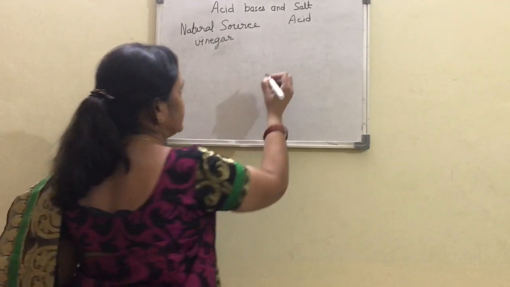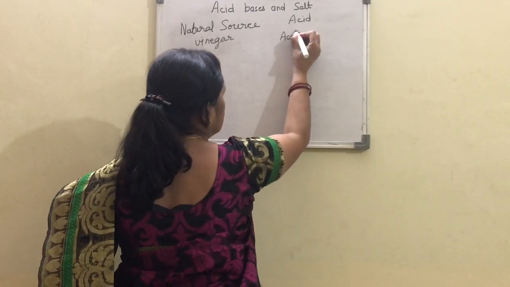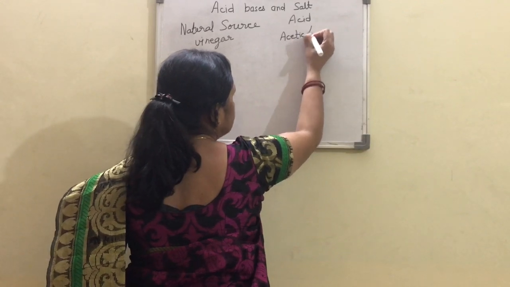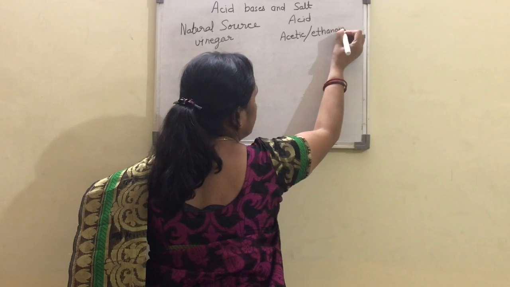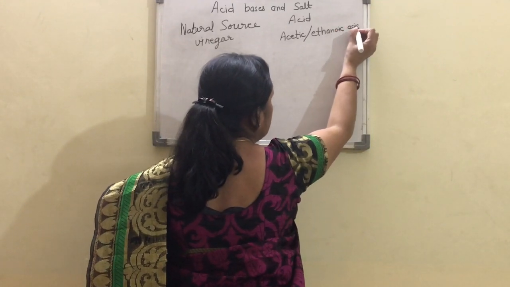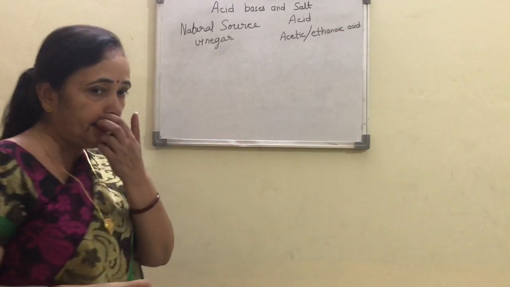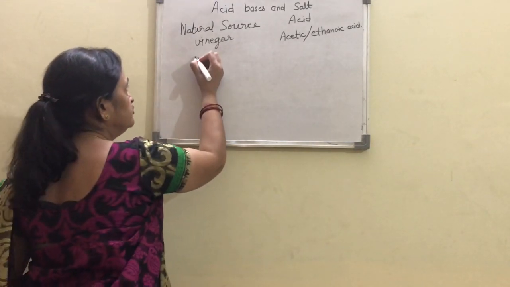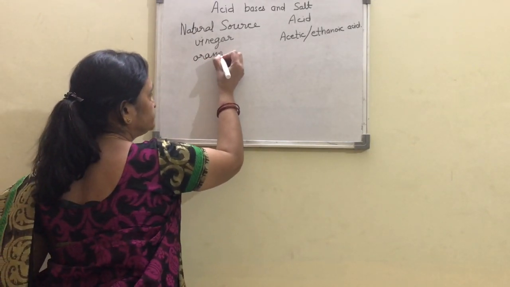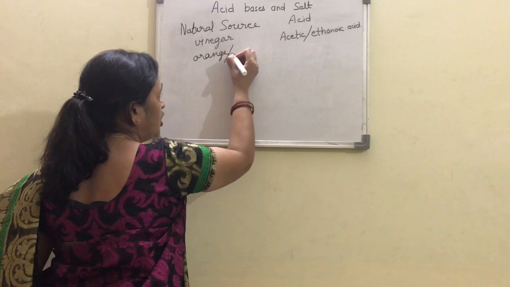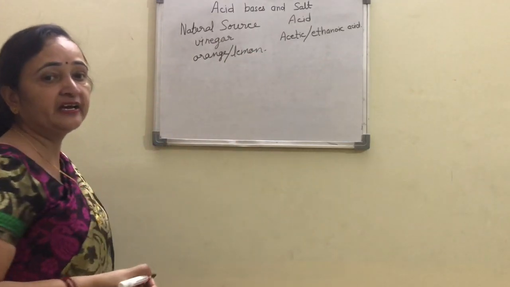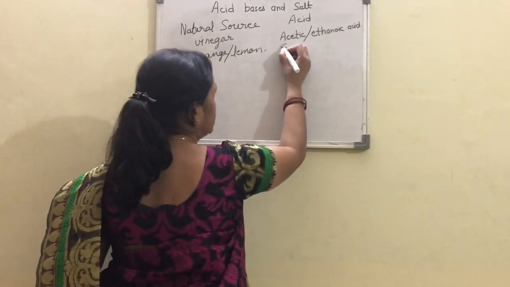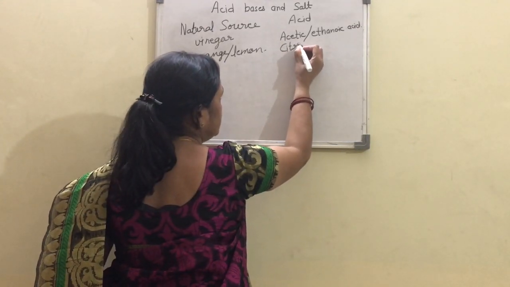That is acetic acid, and its other name is ethanoic acid. Don't get confused if somewhere it is written ethanoic acid. Okay. Then comes next, you can see orange. In orange or in lemon, both of them contain citric acid. It can come in your exam, citric acid.